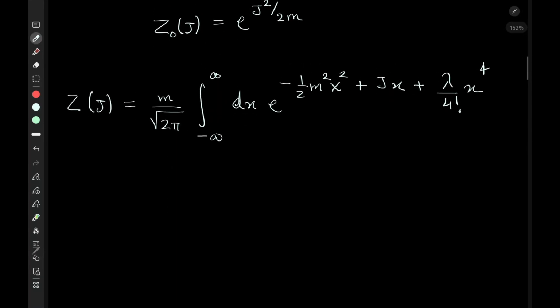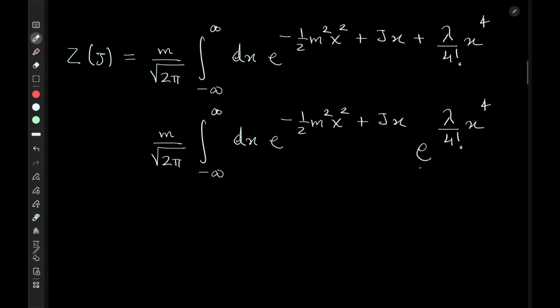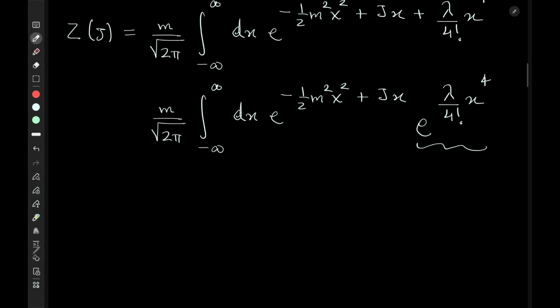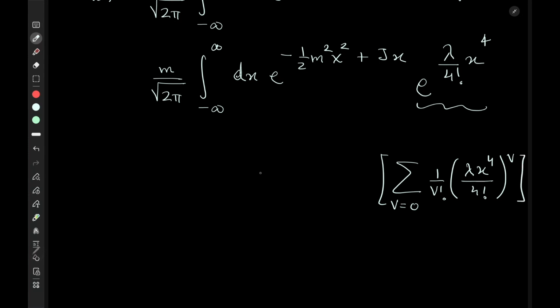We will expand the Taylor series of exponential corresponding to this factor. What I mean is this. This thing can be written as e to the power lambda x to the power 4, and this exponential can be expanded using its Taylor series, which would be summation, let's call that dummy index v, and we have 1 over v factorial times lambda x to the power 4 by 4 factorial to the power v, and this whole thing we can just copy.